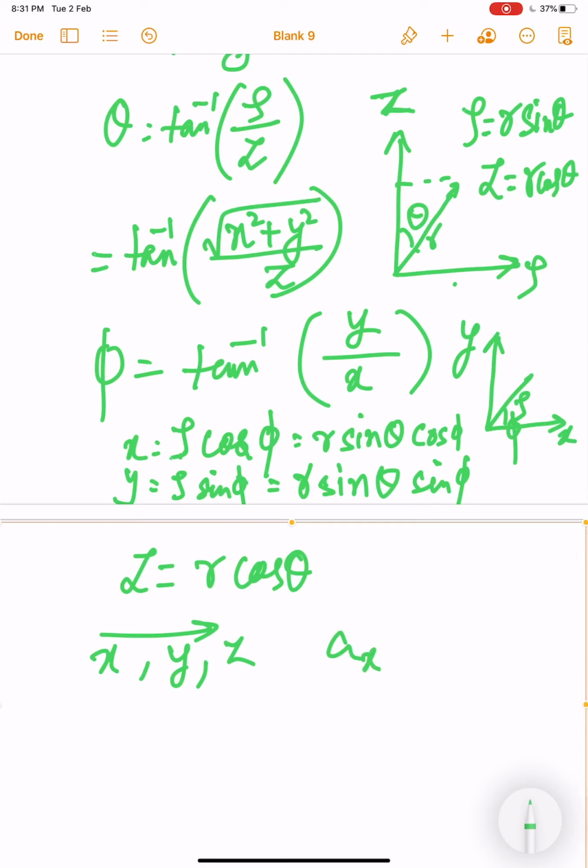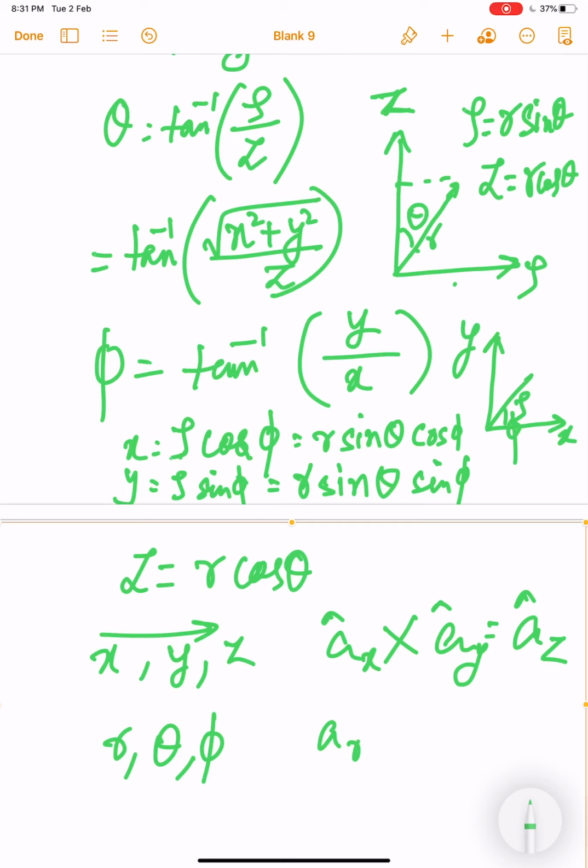Basically, what does this mean? If you do a x cap cross a y cap, then you'll get a z cap, and if you reverse it, you'll get a negative sign in front. Similarly, for r, theta and phi, you go in cyclical order: a r cap cross a theta cap is equal to a phi cap. Okay, this is the order in which you'll go ahead.